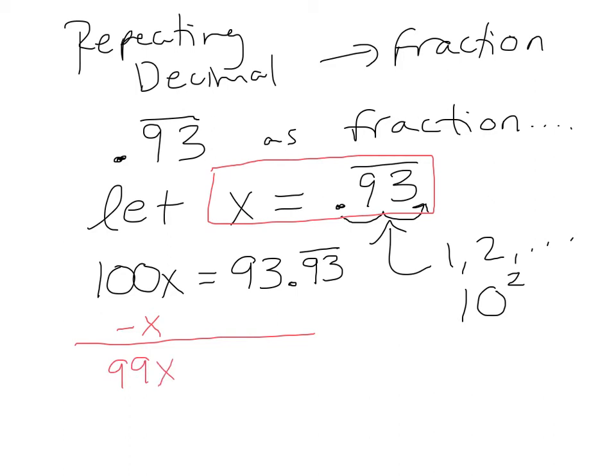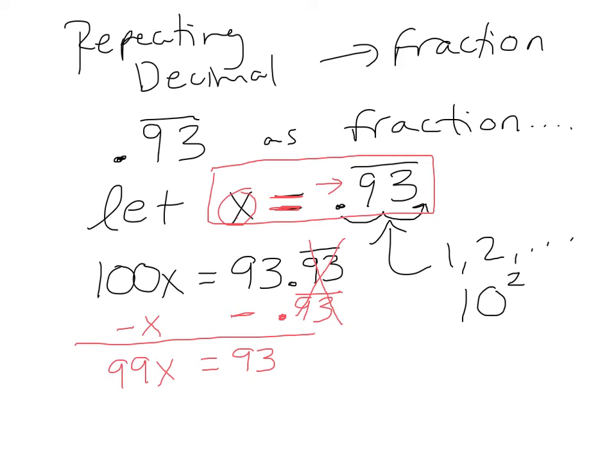And when you subtract x from the other side, instead of using x, I'm going to use what x is equal to, which is 0.93 repeating. Well, that's the same as this part of it, so these will go away, and you're left with 93.